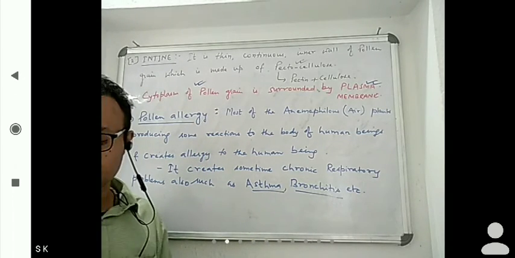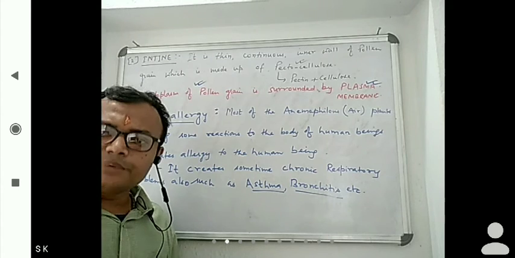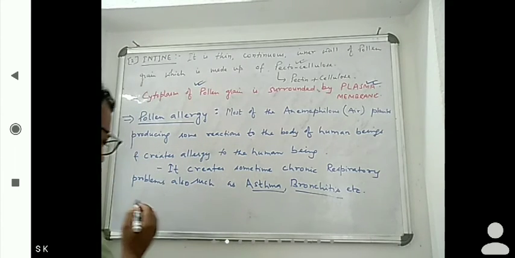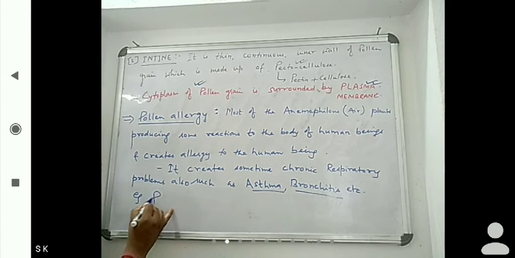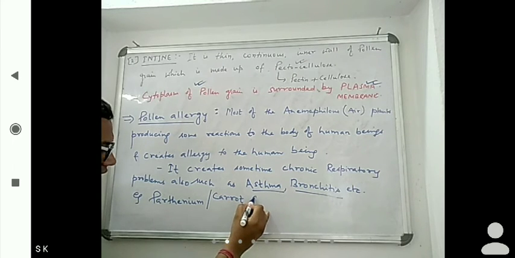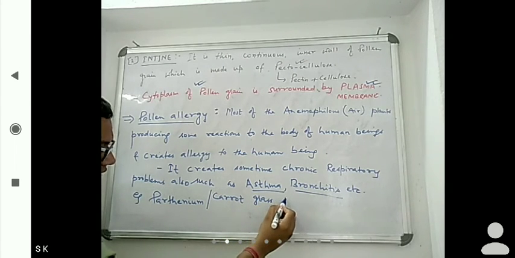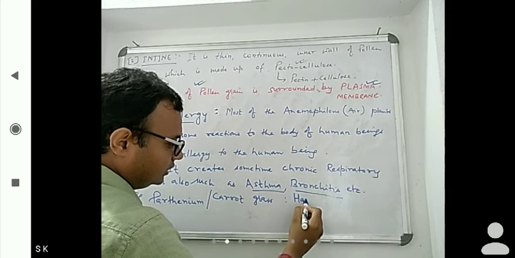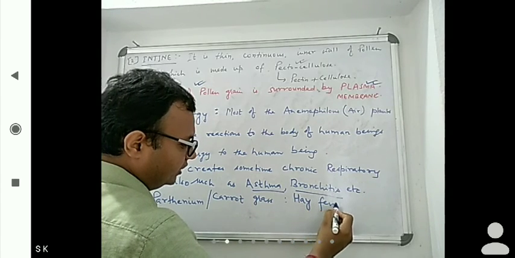Now here questions are coming. Which type of plants are those? For example, Parthenium, also known as carrot grass. It produces hay fever.